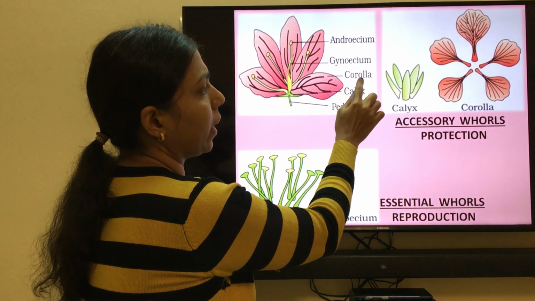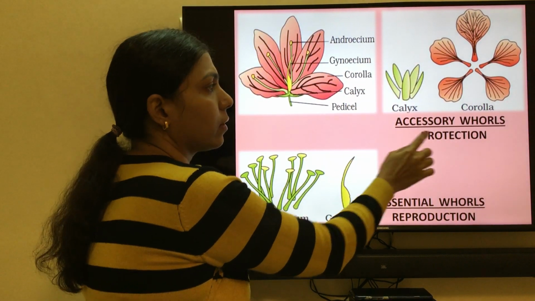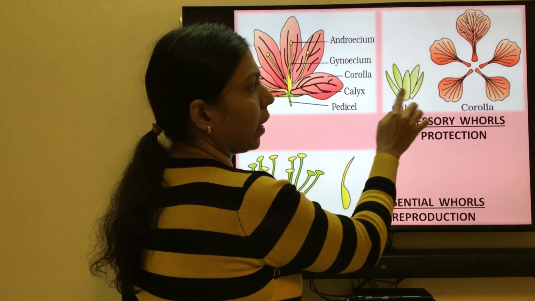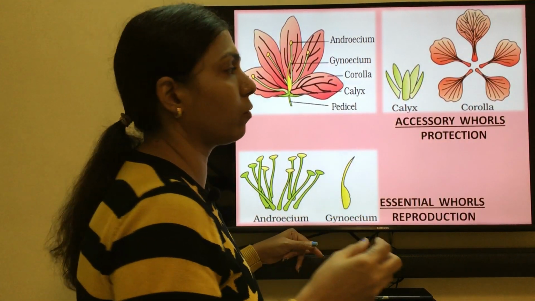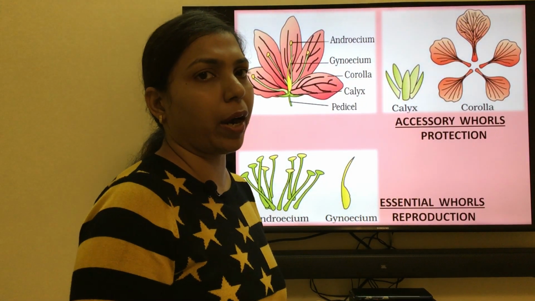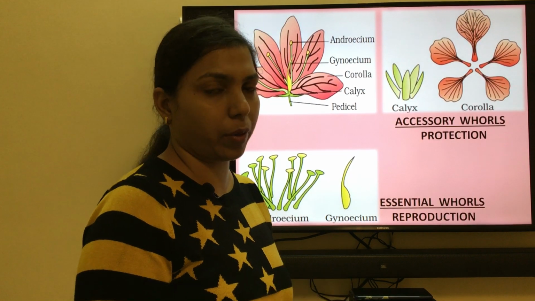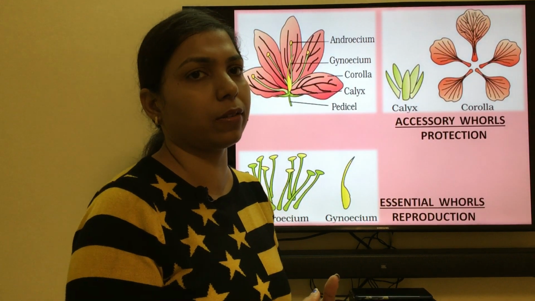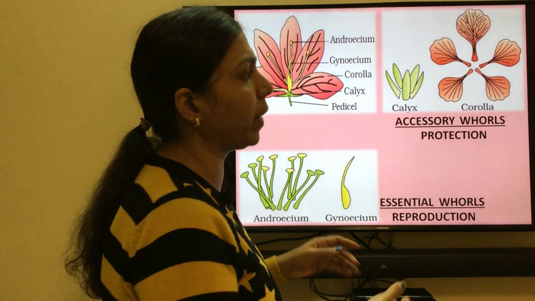The other two parts are the corolla and the calyx. The corolla is your petals and the calyx is your sepals, the green part of the flower. So these two do not actually take part in the process of reproduction, but you can say they indirectly help in the process of reproduction. How do they help indirectly?